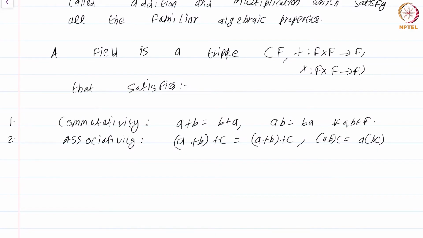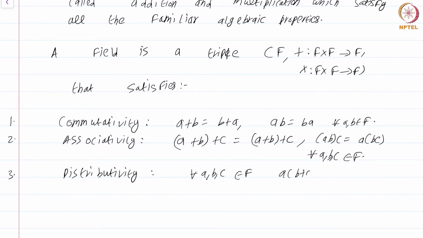Nobody bothers writing the symbol for multiplication. It's understood. So this is true for all a, b, c in F. The third property is distributivity. So far, the properties that we have written are all to do with either addition or multiplication. This is the first property that involves both. For all a, b, c in F, a times (b plus c) is ab plus ac.